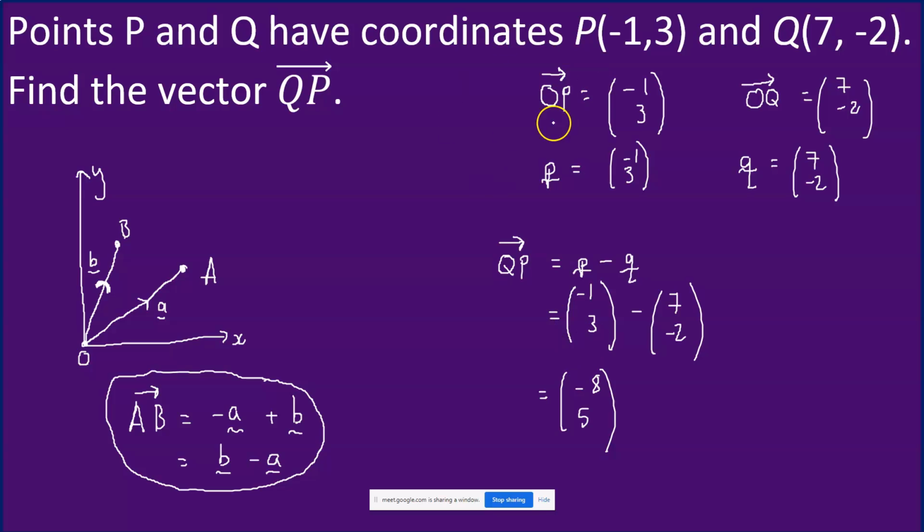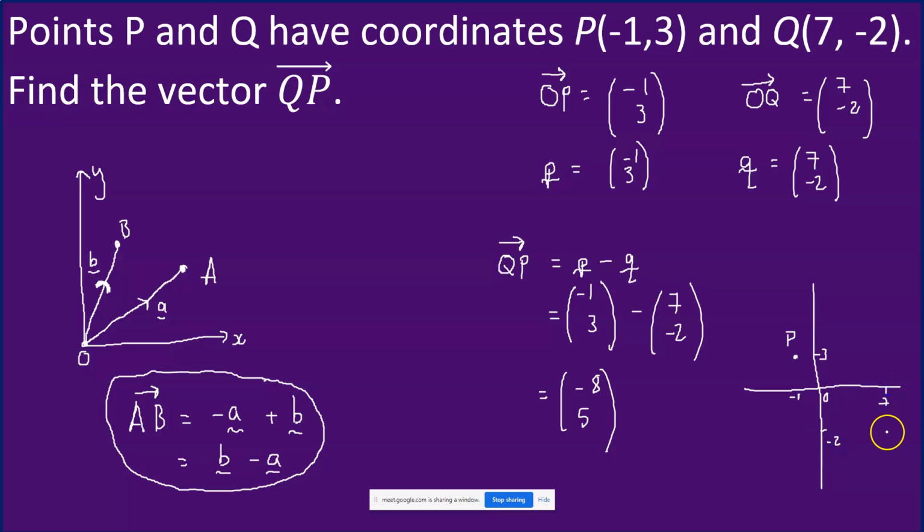Now this is really abstract, but let me show you what it looks like on a grid. This will be my best effort at drawing it. So there's the origin. We've got P as minus 1, 3, so there is P, and Q is 7 and minus 2.